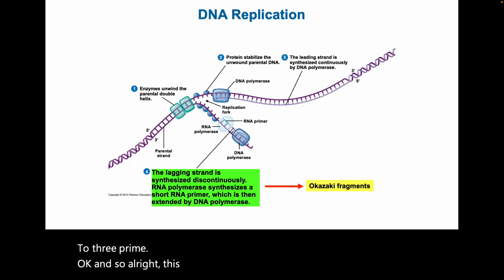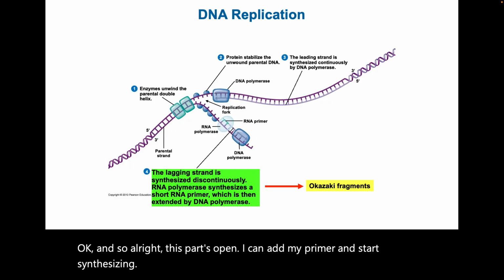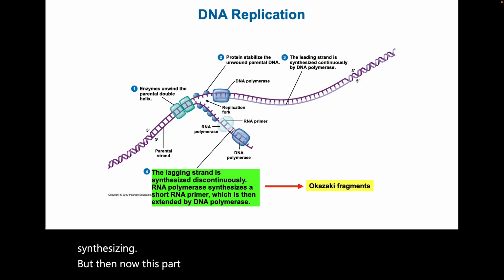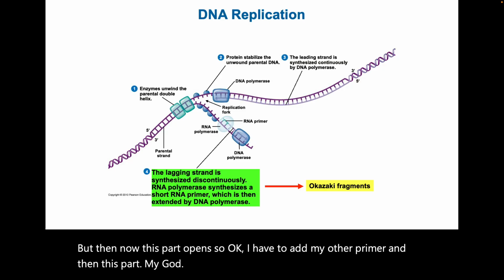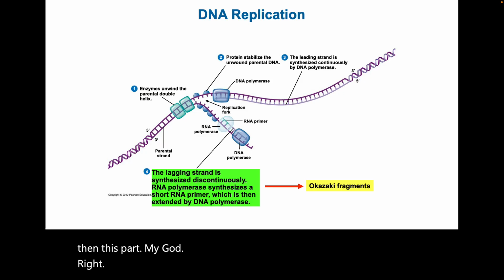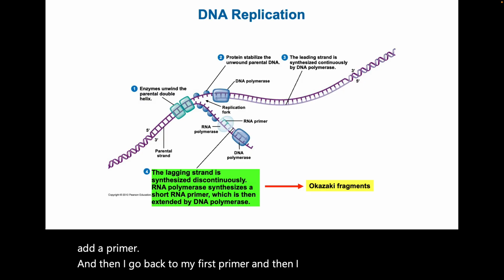I can add my primer and start synthesizing. But then now this part opens. So, okay, I have to add my other primer. And then this part, oh my God, right? Over and over and over. As the fork opens, I have another little spot I could add a primer. And then I go back to my first primer. And then I go back.